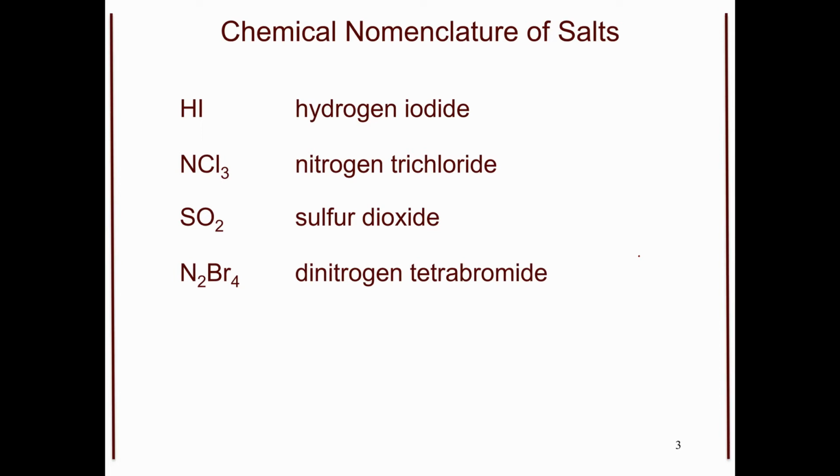Also notice that the ending has changed on bromine to add in the IDE ending. So then I get to NO2. What would this be? Well, notice that we have nitrogen and 2 oxygens, so this would be nitrogen dioxide.